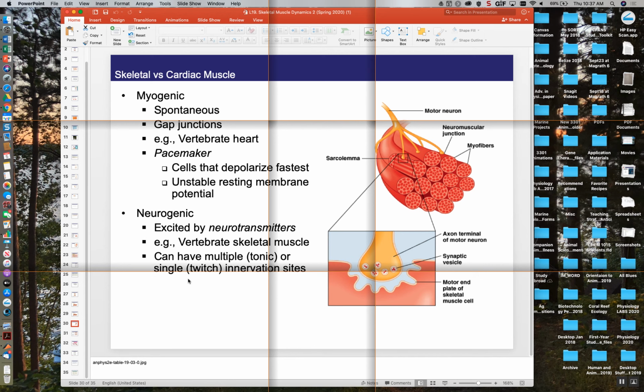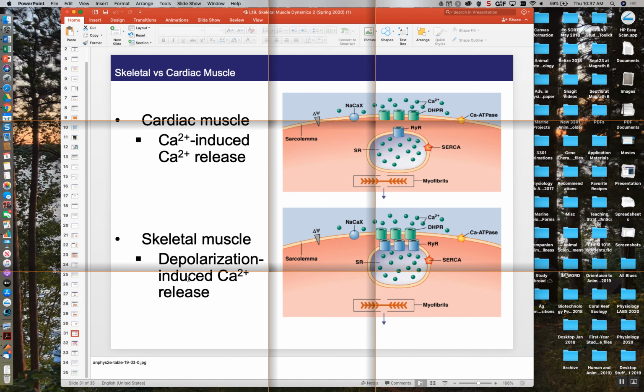Okay? All right. Here's another really important difference between cardiac and skeletal muscle. We've already talked about this before. This is kind of a nice slide to illustrate that, though. Cardiac muscle, this is really the interaction between dihydropyridine receptors and ryanodine receptors. Okay?